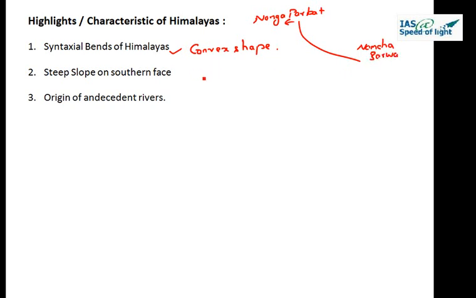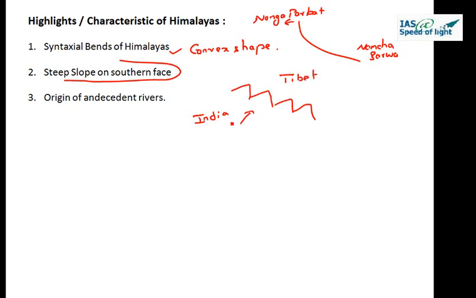The second important highlight to remember for the main Himalayas is the steep slope on the southern face. Suppose these are the Himalayas, and we see from this side, the Indian side, and this is the Tibetan side.